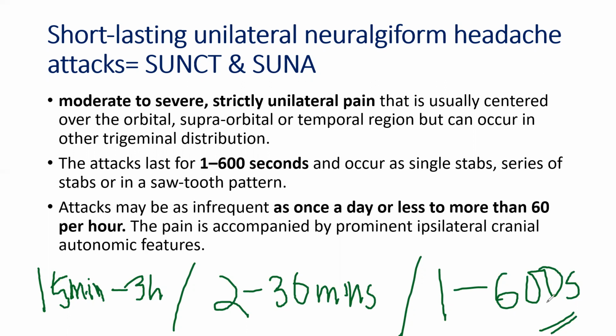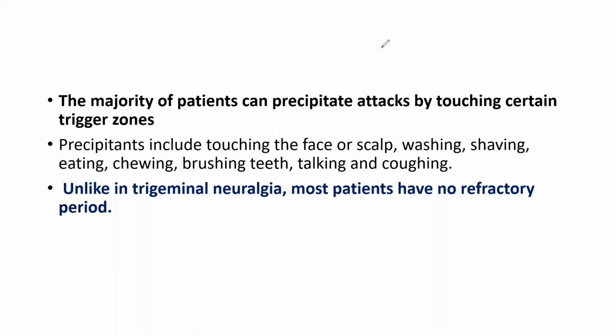There might be ipsilateral cranial autonomic features, as I told earlier. In the majority of cases, the headache will be precipitated by touching the face. Another headache typically precipitated by touching is trigeminal neuralgia. That could also be precipitated by touching, brushing teeth, chewing food, talking, or even coughing.